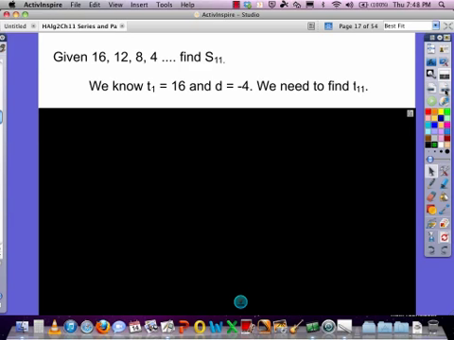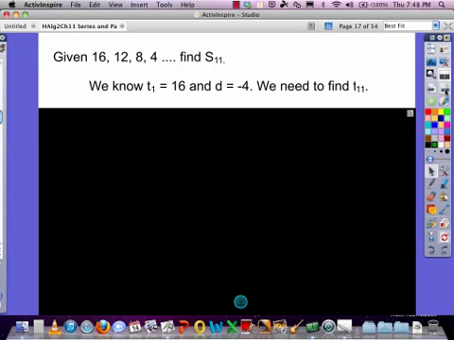So right now, you've got to do some retrospect. Think for a minute. We know t sub 1, the first term, is 16. And by looking at the pattern, the constant difference is negative 4. So the very first thing is we better find that 11th term.